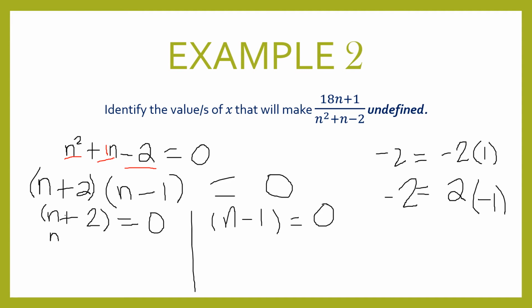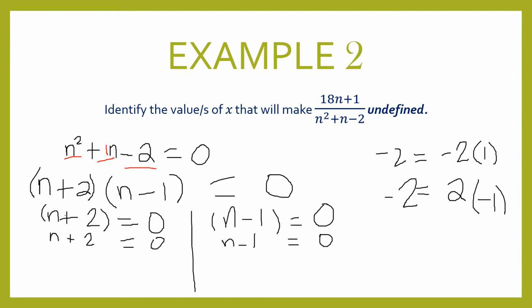So, we have n plus 2 equal to 0. N minus 1 equal to 0.